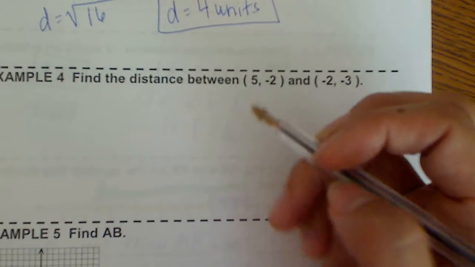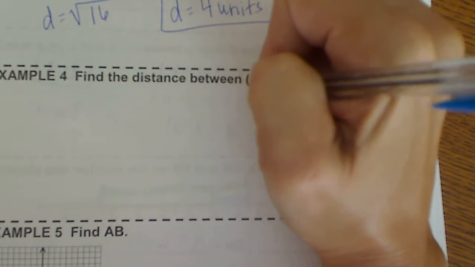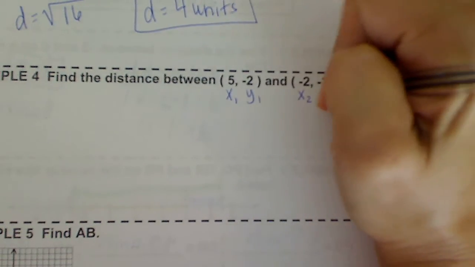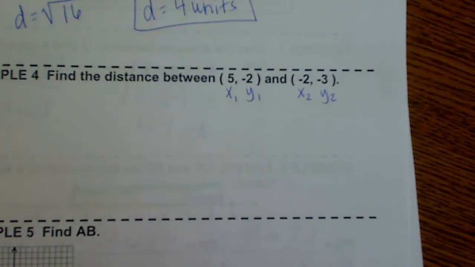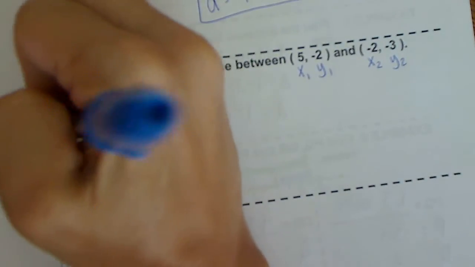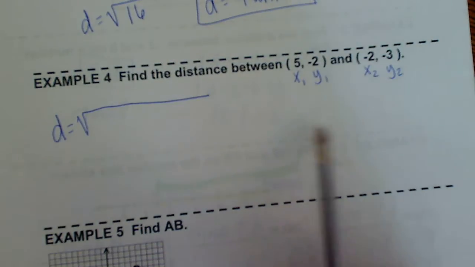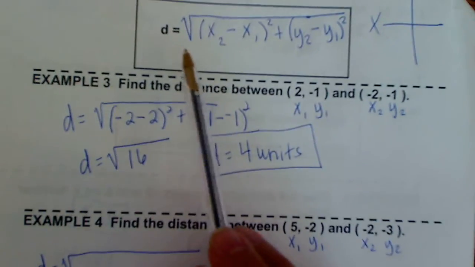Okay, we're going to go ahead and do this one as well. So listing this one as your x1, y1, because it's your first point. This is your x2, y2. This is your second point. Looking at that equation again, the square root. And looking at it up here.